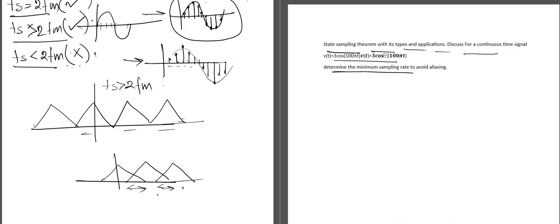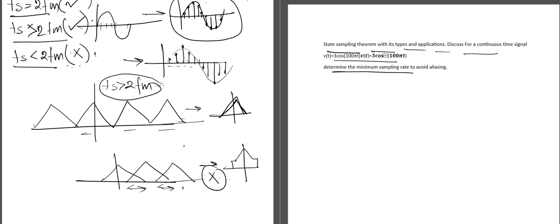So in the case of fs greater than twice fm, when we reconstruct it, we will get a single spectrum like this. But in this case, if we reconstruct it, we will get a signal like this, which is not our desired case. This is known as aliasing. This problem arises when the sampling rate fs is less than twice of fm. So this is undersampling.